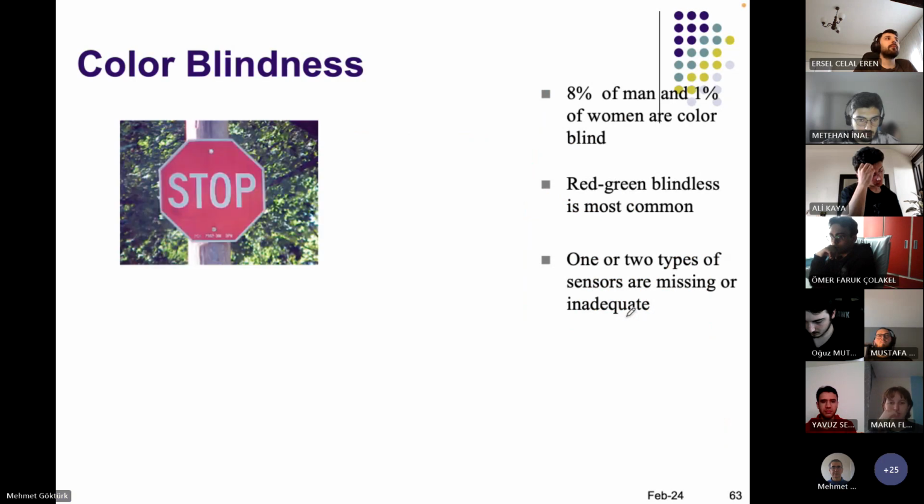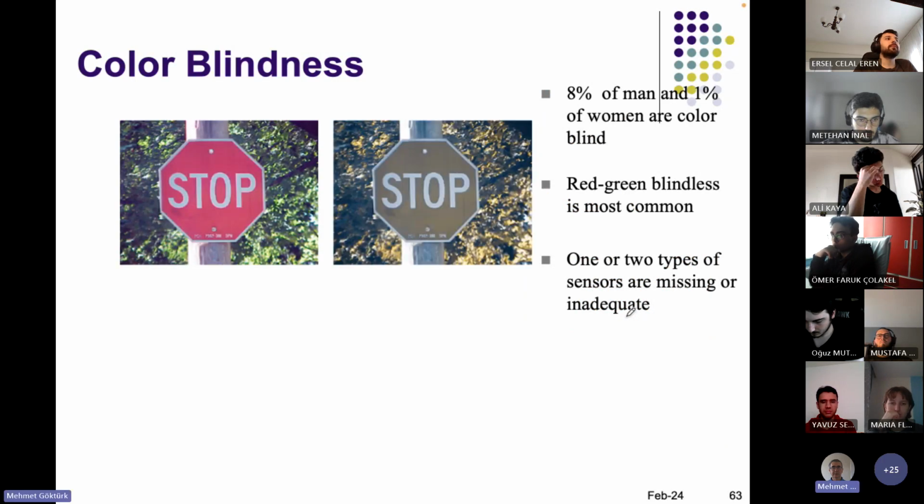Now, going back to color blindness, 8% of men and 1% of women are colorblind. I'm sure we have a colorblind person in our class right now, and they probably don't know, or they know but they don't care. That's okay. It's just a difference. Red-green blindness is the most common one among men.